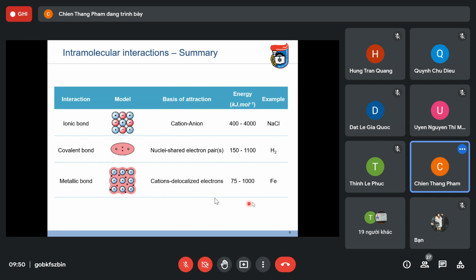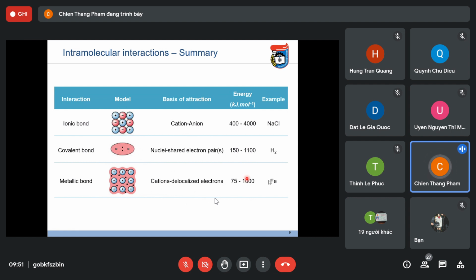The energy of the metallic bond is somewhat comparable with the covalent bond. However, the covalent bond is composed of only a limited or small number of atoms, while the metallic bond and the ionic bond are formed from a great number of particles.